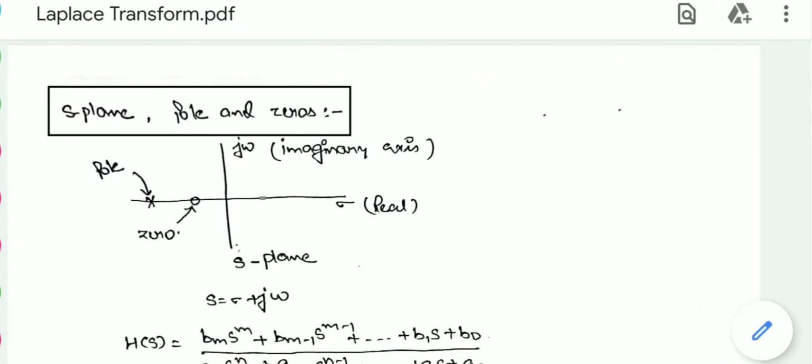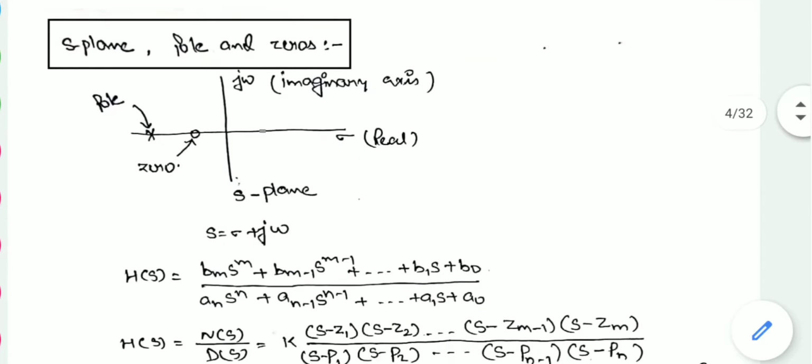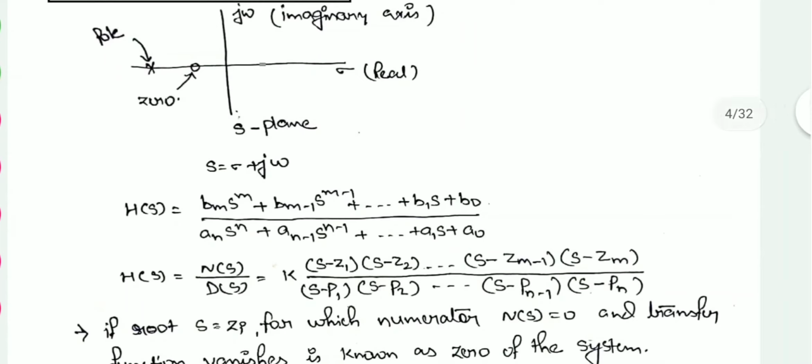When we plot a plane where the real axis is sigma and the imaginary axis is j omega, this plane is known as the S-plane of the system. In this plane, we plot the zeros and poles of the system. Then the question is, what is a zero and what is a pole of the system?